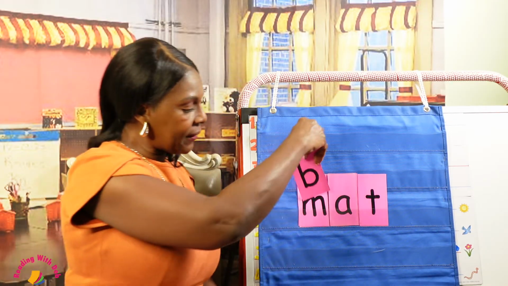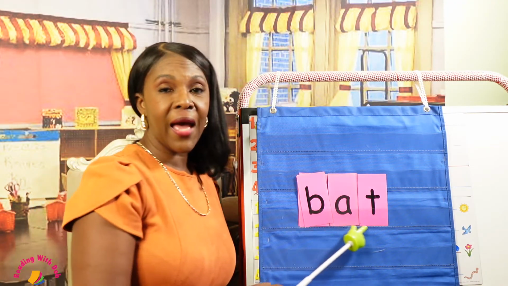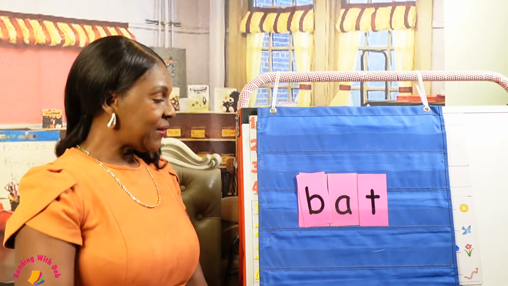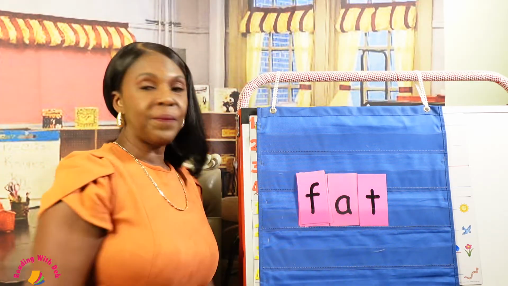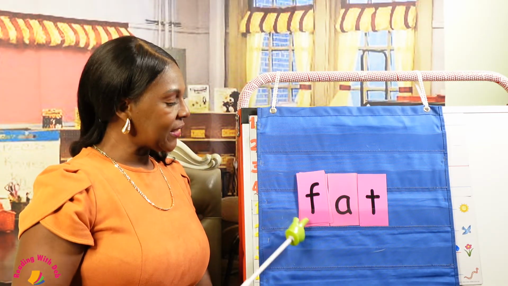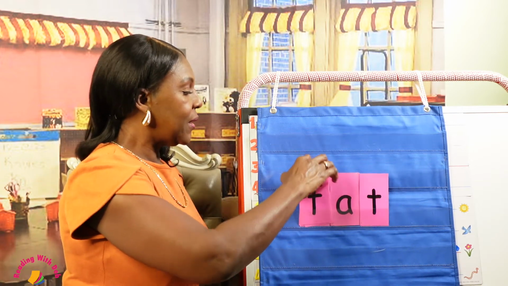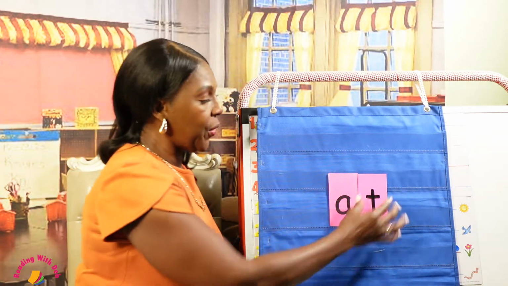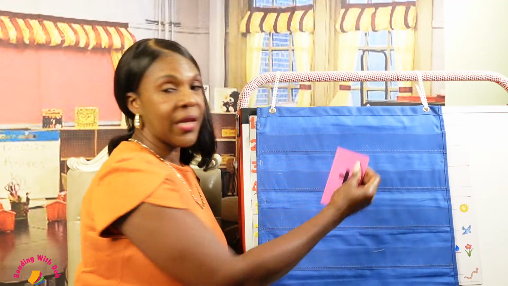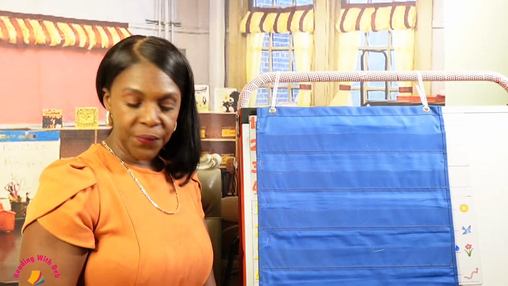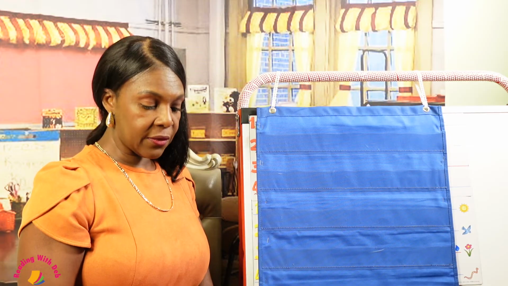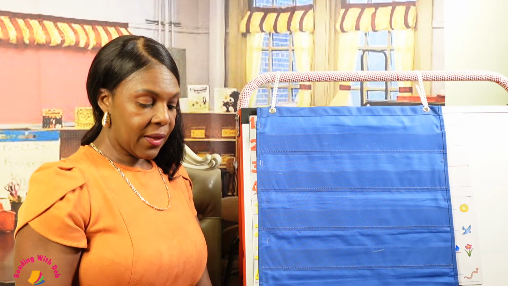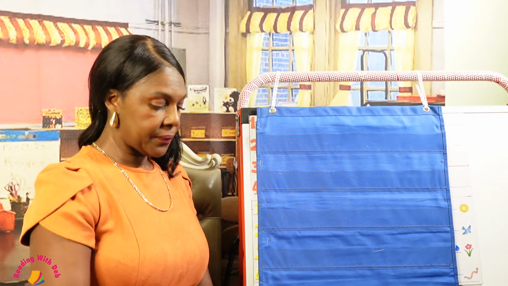And if I add b to at, now the word is bat. If I add f to at, now the word is fat. Good. So if you know one small word and we only add to it, we can read the word faster. We don't need to blend every single letter. Okay? Let's look at some other words.